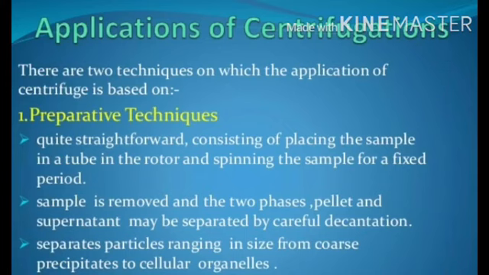The sample is removed and the two phases, pellet and the supernatant, may be separated by careful decantation. It can separate particles ranging in size from coarse precipitates to the cellular organelles.